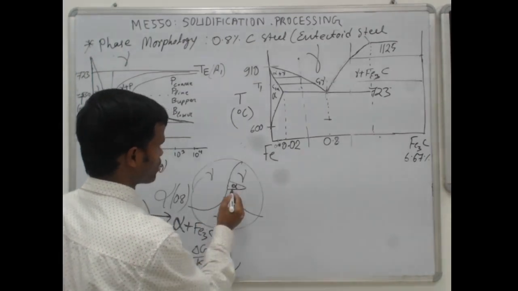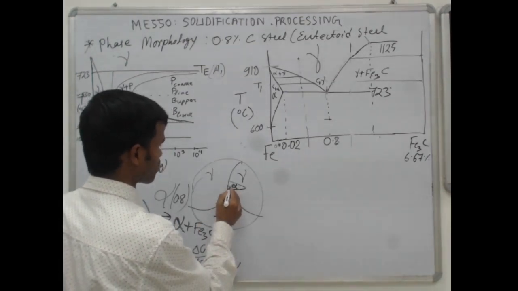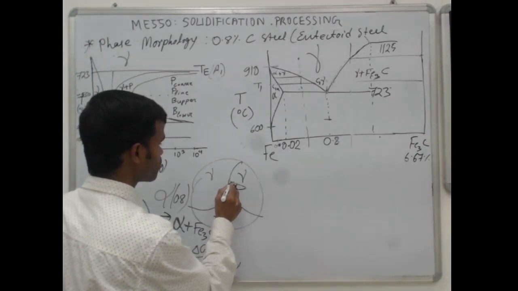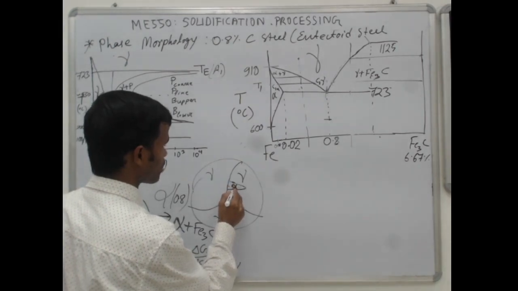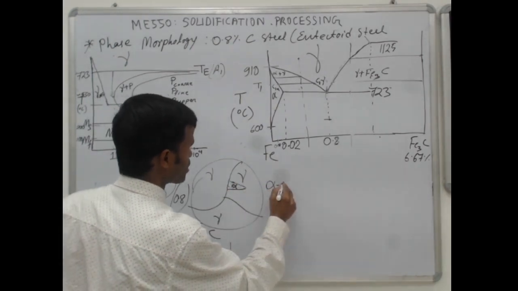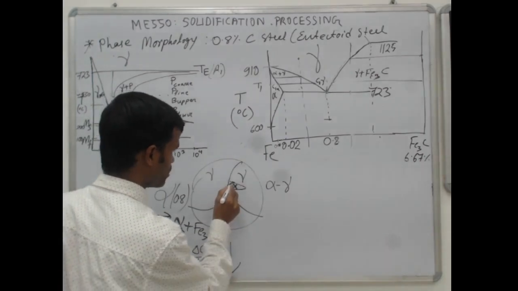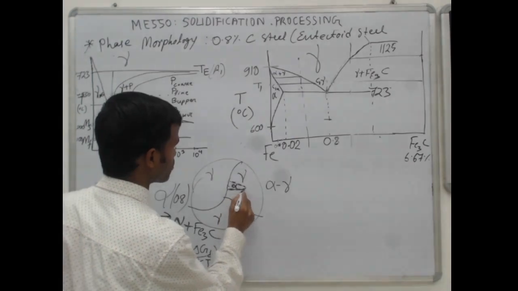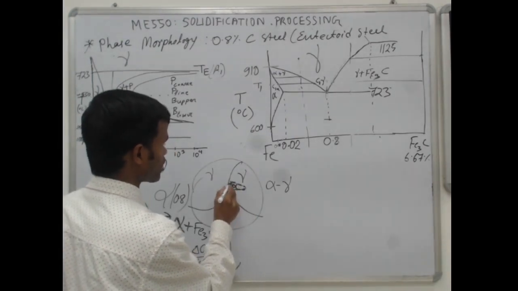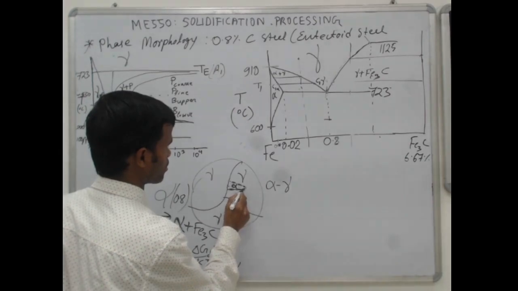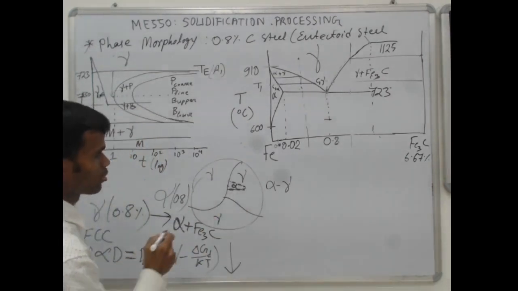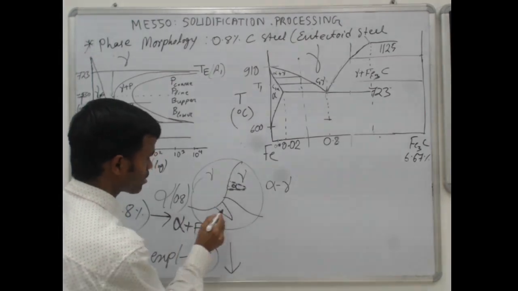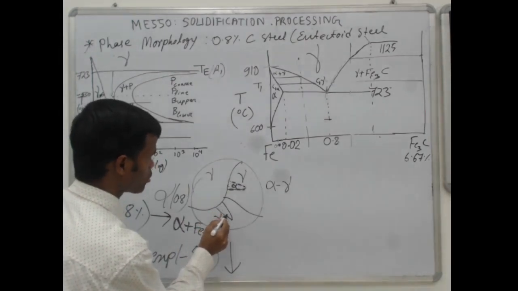This ferrite, which has a high concentration of carbon, will try to remove this carbon to the interface between alpha and gamma, ferrite and austenite. These boundaries are boundaries of alpha and gamma on certain planes. Similarly, you may have a ferrite growing like this, a supersaturated ferrite.